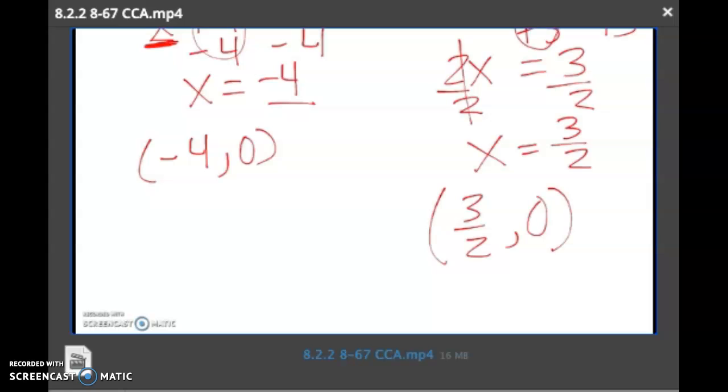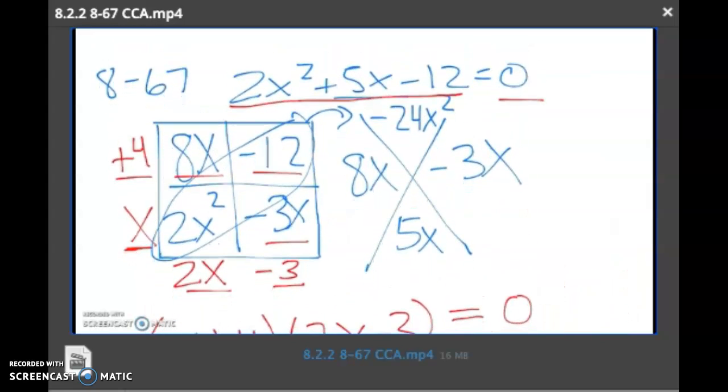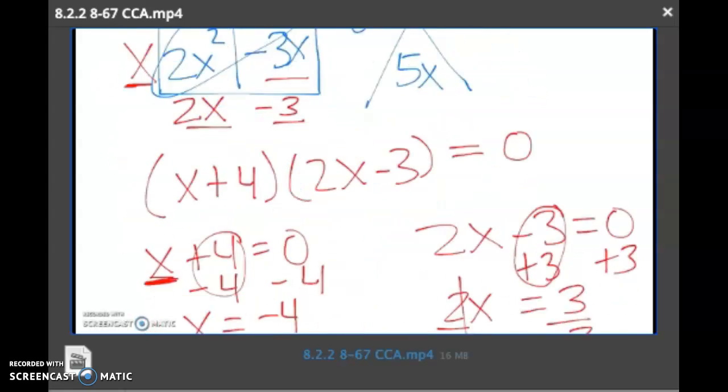All right, and then the other piece is that we now need to sketch this parabola, but I only have my x-intercepts right now. So I need another piece to be able to sketch this parabola. I can probably find my y-intercept. So I'm going to go back and rewrite my original equation, picking a different color to do this: 2x squared plus 5x minus 12.